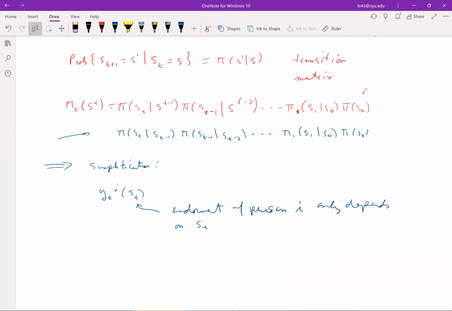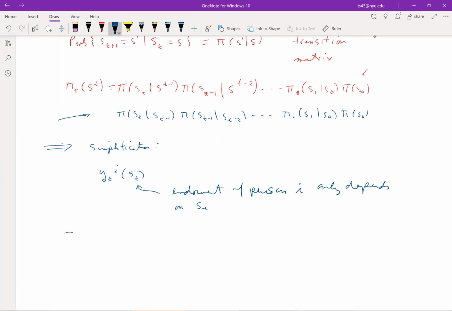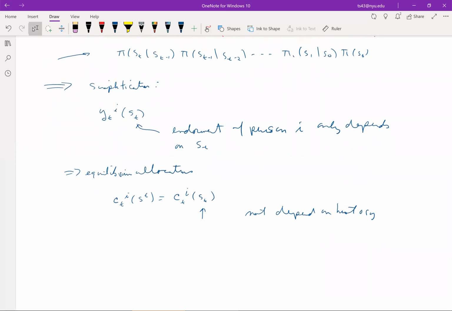We're going to assume that from now on. So what this is going to imply, immediately following from what we've done before, is that equilibrium allocations are now just going to be a function only of the current Markov state. They don't depend on the history. See, before they could depend on the history in a restricted way that we spent a lot of time talking about.